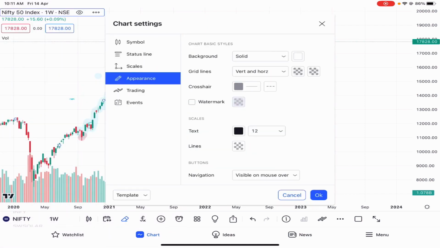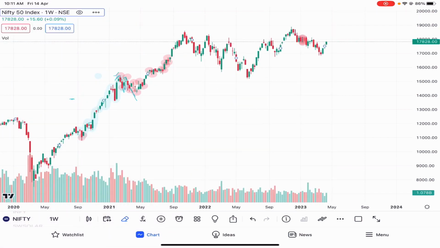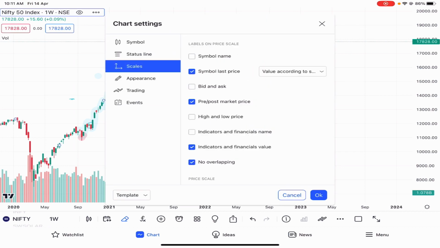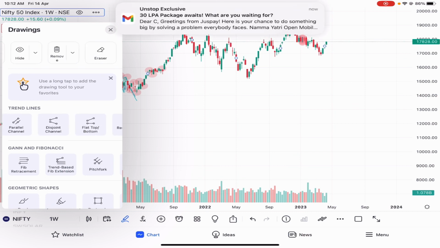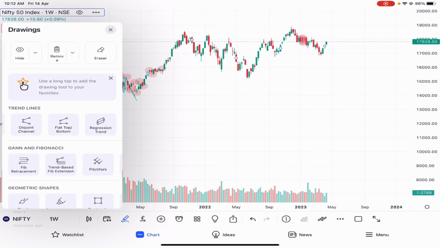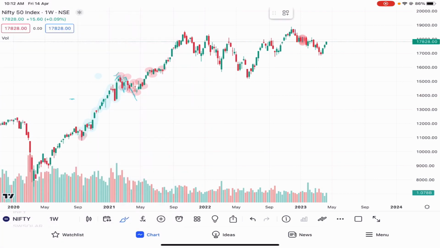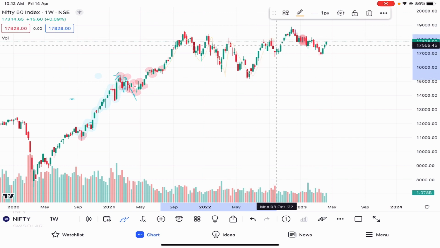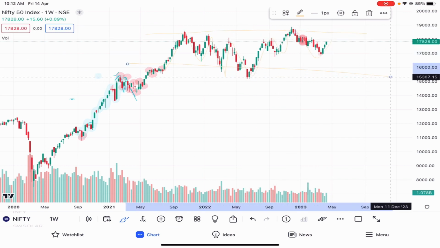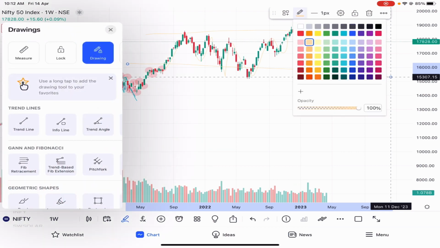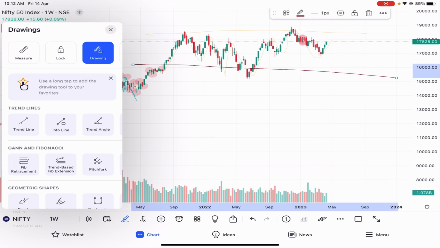If you look at the charts, what can you see? What is happening right now? Right now, it is in a consolidation phase. That's what you can see, right? The Nifty is moving in the same range.